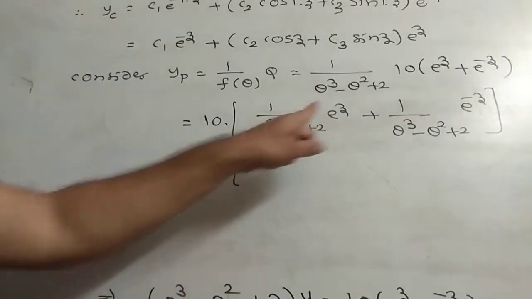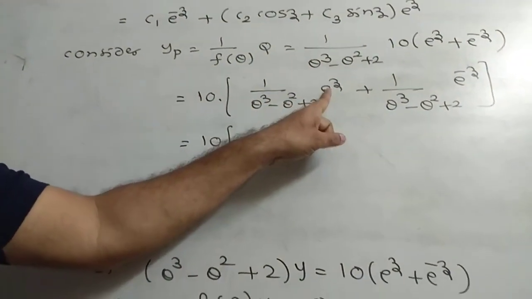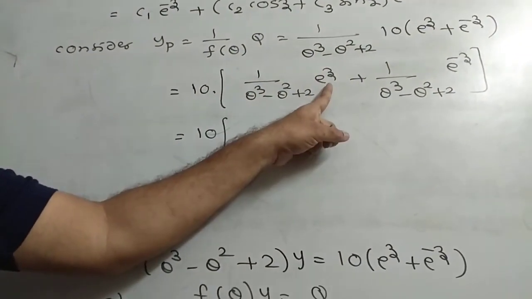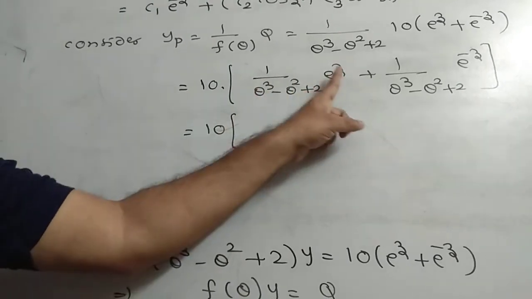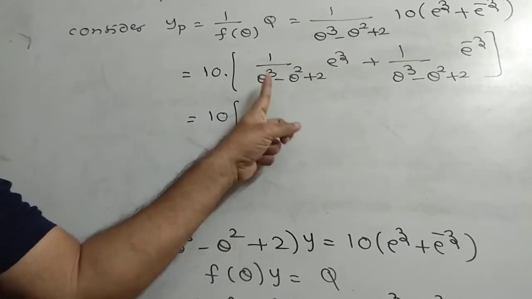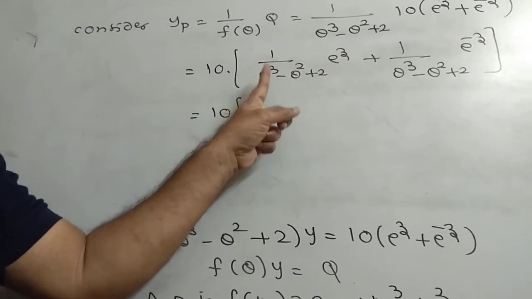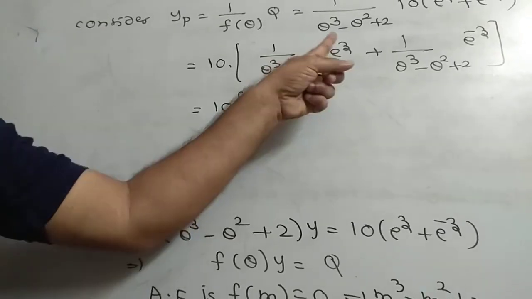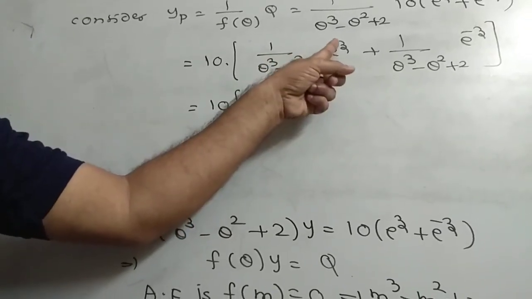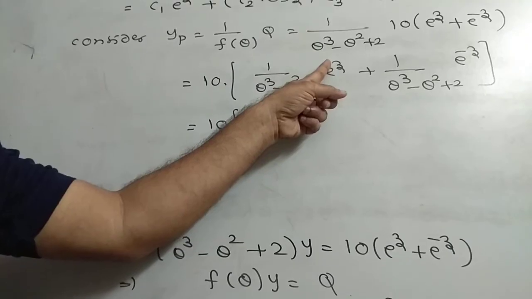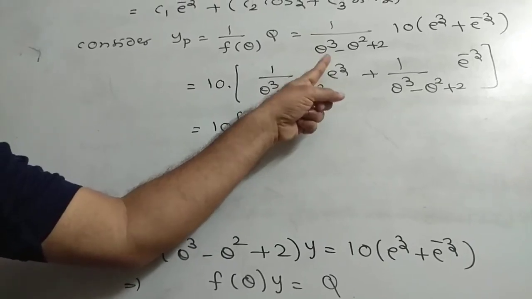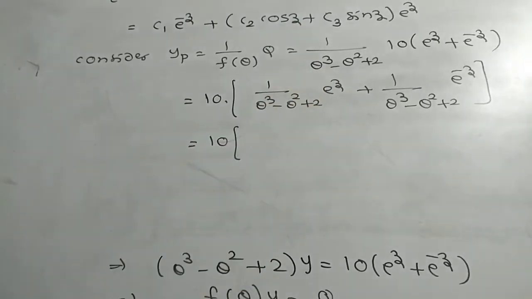So by applying your previous methods, it is looking like the e power ax type. So directly theta is replaced by the a value. Will you get 0 here? In order to say whether it is 0 or not, look at this a value. Here the a value is nothing but 1. Is that value present in the roots?